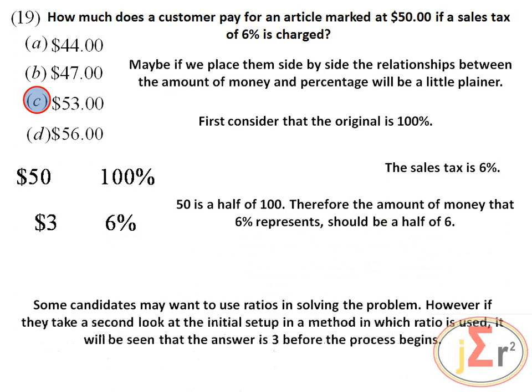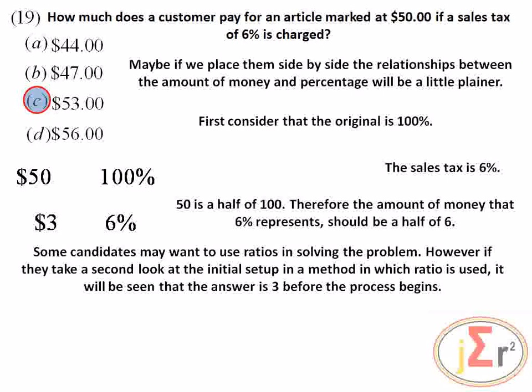So 50 is half of 100. Therefore, the amount of money that 6% represents should be a half of 6. 3. Some candidates may want to use ratios in solving the problem. Go straight ahead, no problem. However, if they take a second look at the initial setup in a method in which ratio is used, it will be seen that the answer is 3 before the process begins. So you are setting up a problem to use ratio.